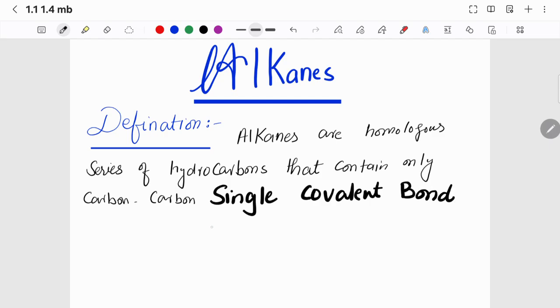So in alkanes there is a carbon-carbon single bond between two carbon atoms.